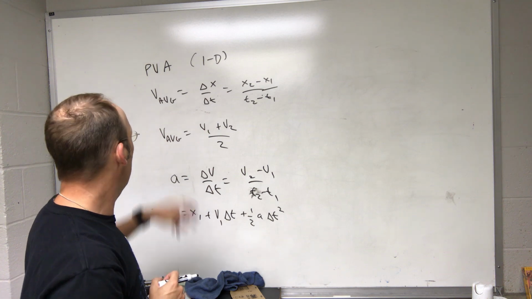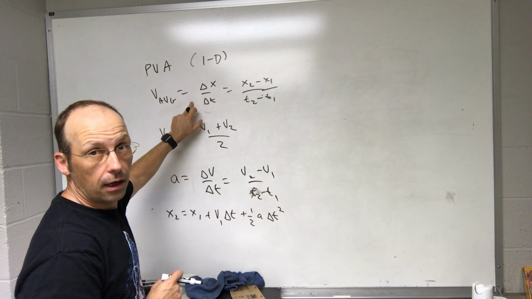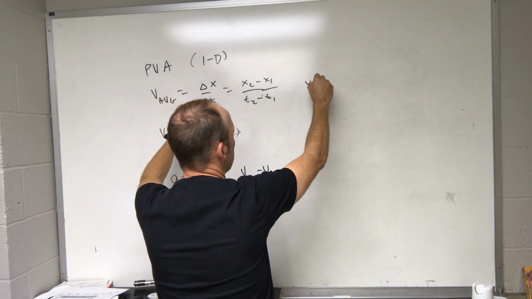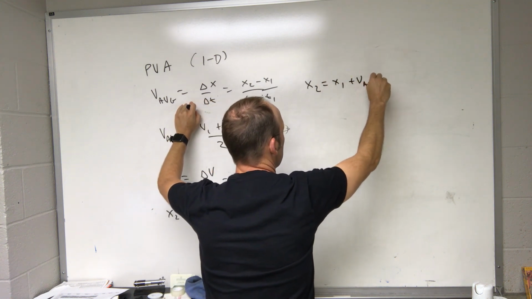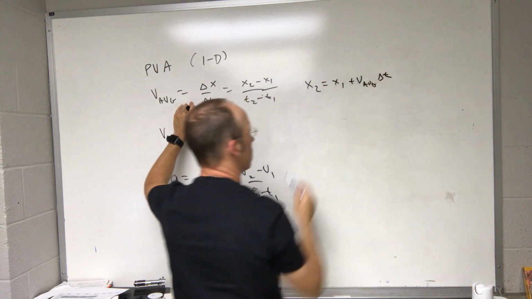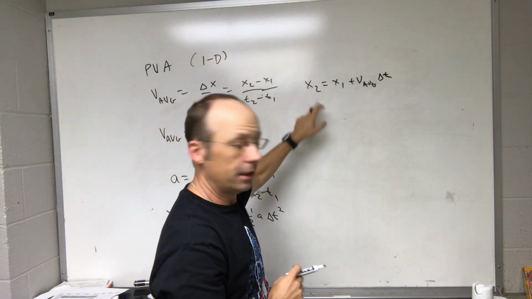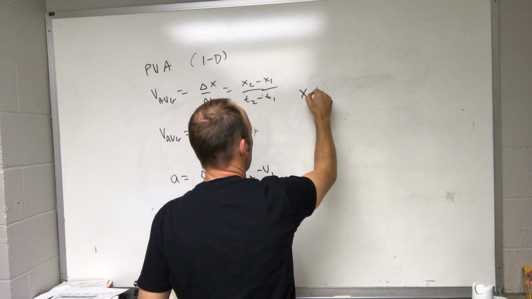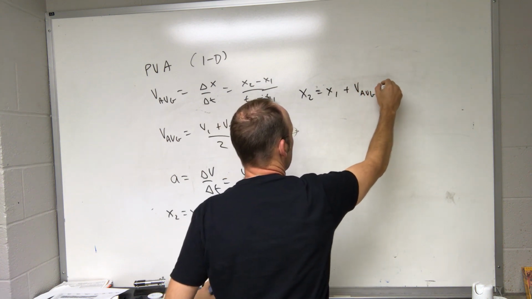Also, from this definition of average velocity, I get what's called the position update formula. And we use that in numerical calculations. It says x2 equals x1 plus v average delta t.